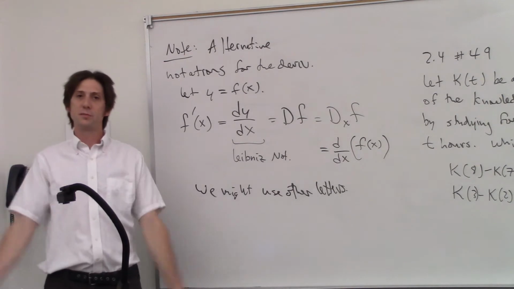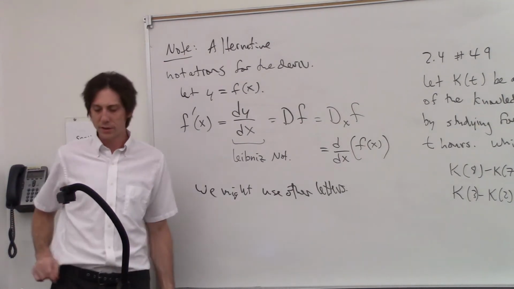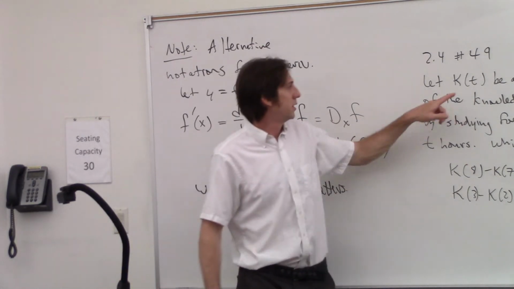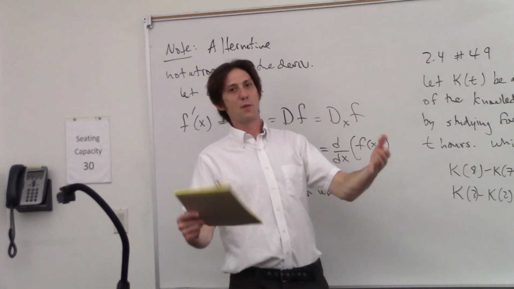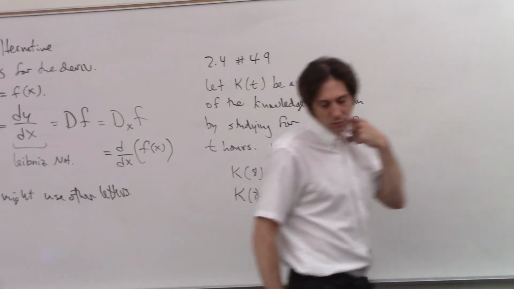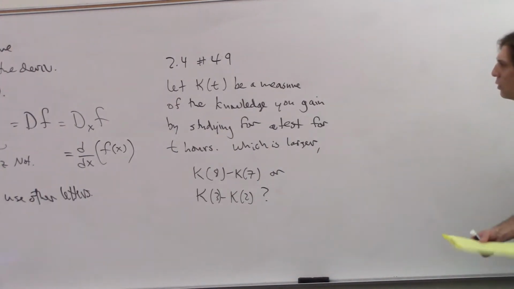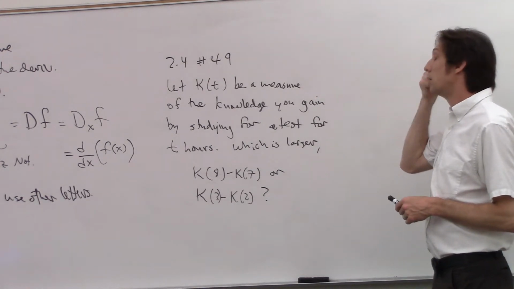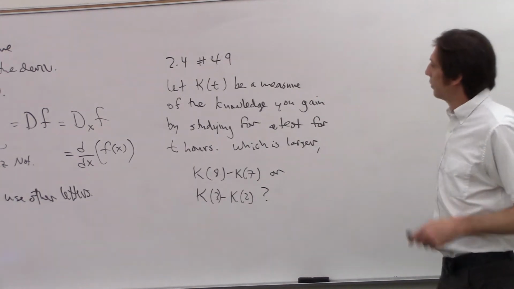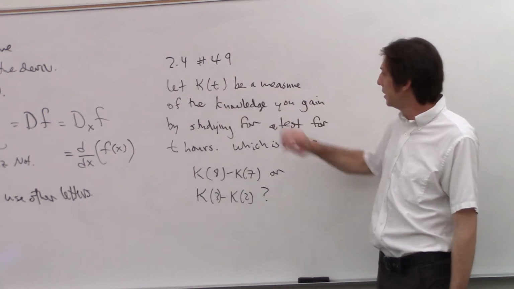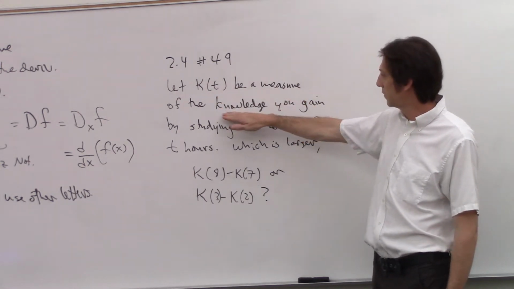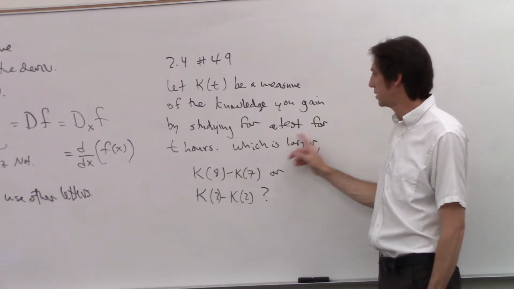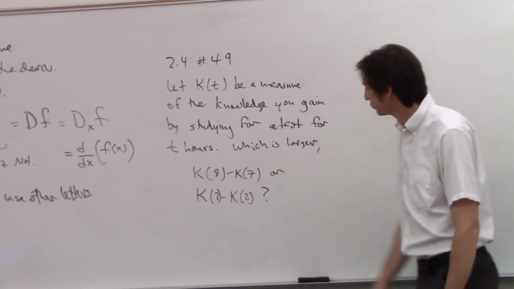If we're talking about cost, it makes sense to use the letter C for cost. In this next example, we're talking about knowledge, and we're going to use capital K for that particular function. So quickly here, I want us to think about 2.4, number 49. We're given a function, capital K of t, and we're told that it's a measure of the knowledge that we gain by studying for a test for t hours.